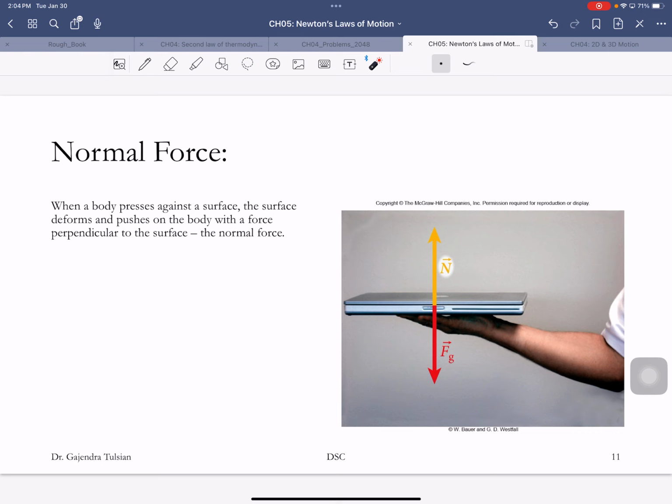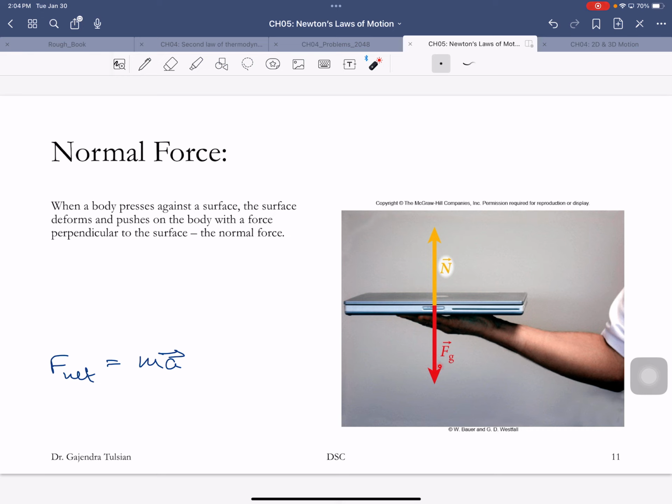Okay, so here's this person holding this laptop. The Earth is pulling it down with that force. And since it's not falling, let's use Newton's second law. What is the acceleration of this guy? 0. So the net force on it must be 0.